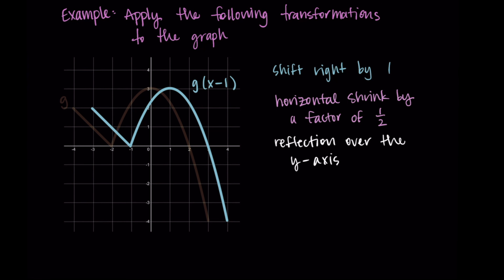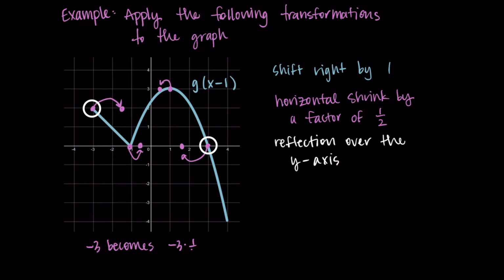Okay, next, let's do our horizontal shrink or compression that happens by a factor of 1/2. So to me, these are the hardest to do, so what I'm going to do is just pick some specific points and figure out what happens to them. So we have points at (-3, 2) and at (3, 0). So these points are going to be multiplied by 1/2, specifically the input of 3 or -3 is.